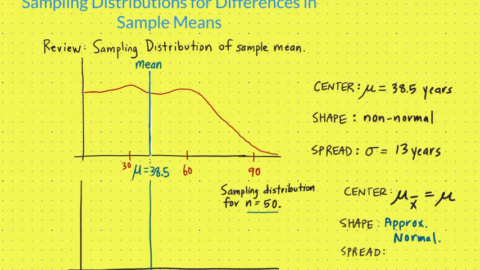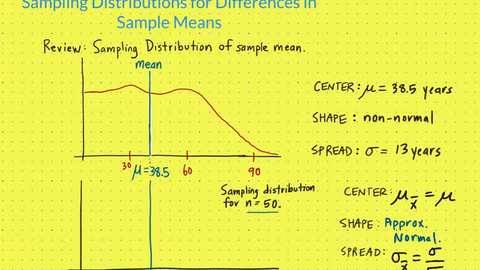So now I'm getting ready to draw a bell curve here. To draw that bell curve accurately, let's talk about the spread. What is the standard deviation? The standard deviation of the sampling distribution of the sample mean, sigma sub x bar, so the standard deviation of all of our little individual means, is equal to the original population standard deviation divided by the square root of n.